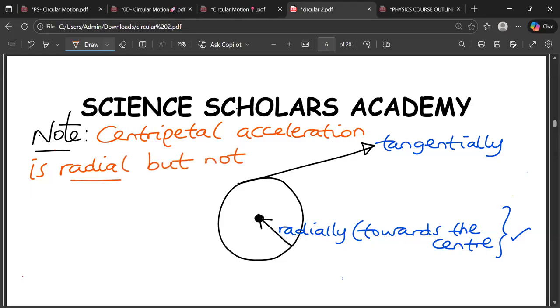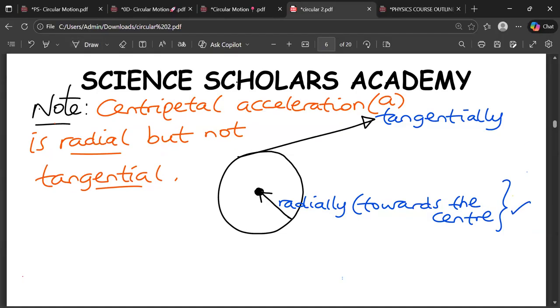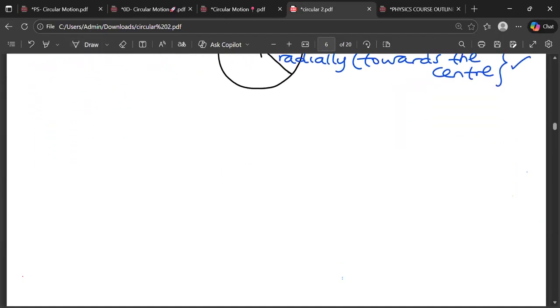Is that statement right? Centripetal acceleration A is radial but non-tangential. I've forgotten the textbook, but I think it's Tom Duncan. So when you find that statement, I don't want it to over-confuse you. Even when you find it in a calculation, please reason it out very well. You all know centripetal acceleration acts toward the center, so it's radial, but non-tangential.